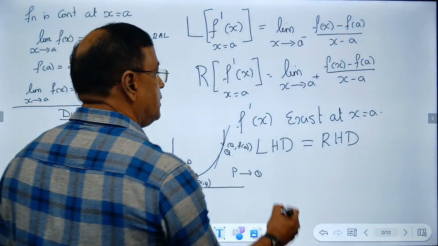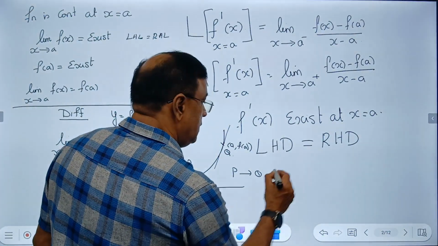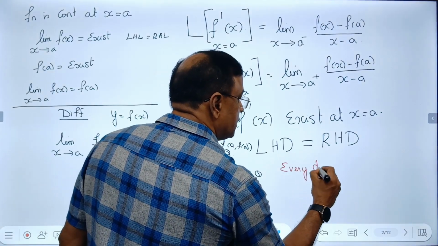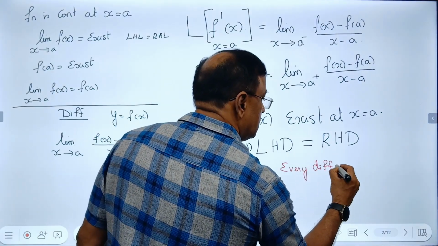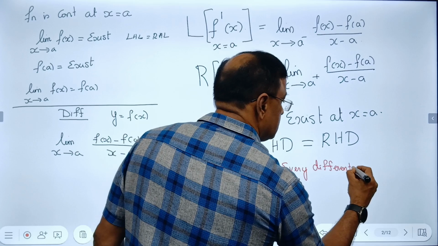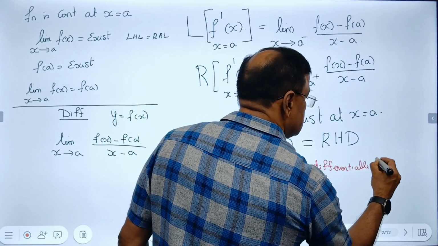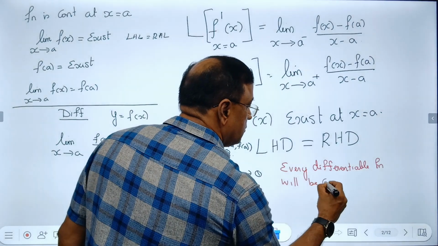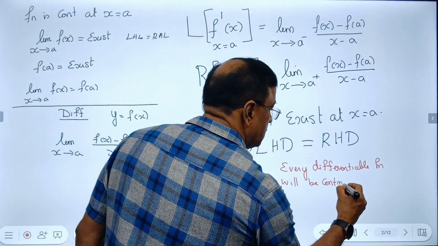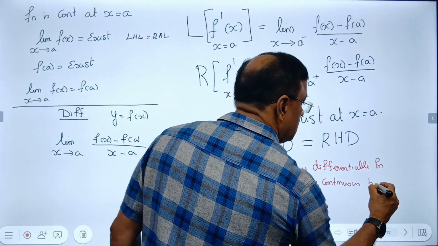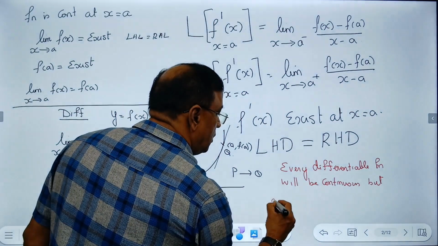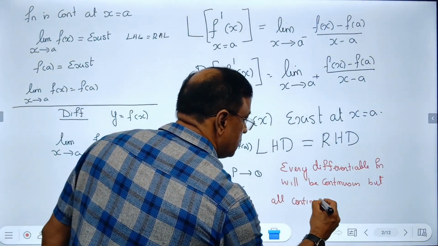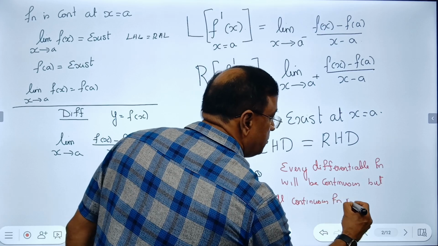The statement is: every differentiable function will be continuous. But all continuous functions need not be differentiable.